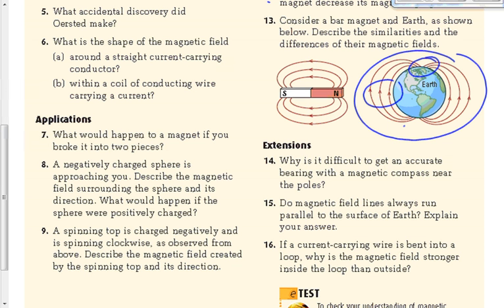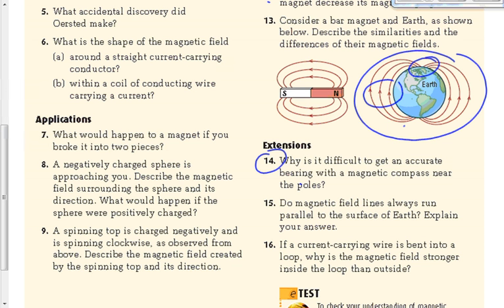That's question number 14 right there. You didn't ask me to go over question 14, but that addresses it. Why is it difficult to get an accurate bearing with a compass needle near the poles? Well, in that little activity we did with magnetic fields early on in this unit, you held the compasses near the magnets. The compasses point horizontally, parallel to the Earth's surface.